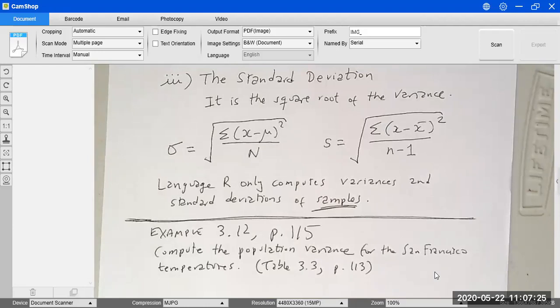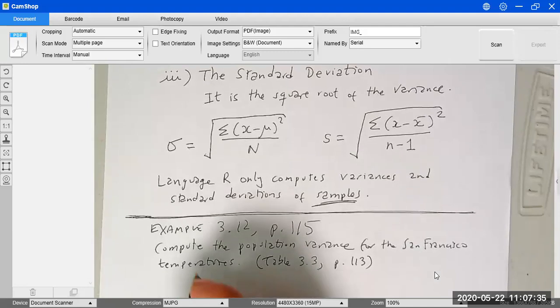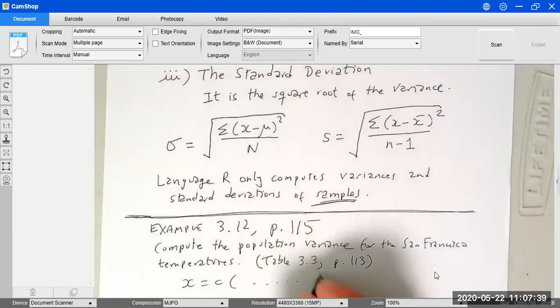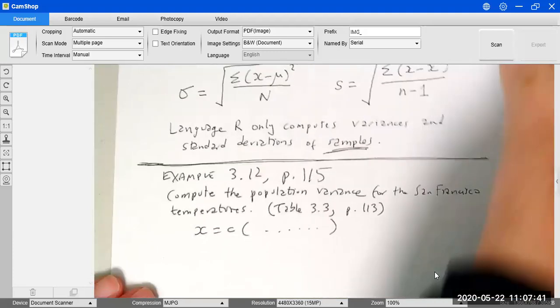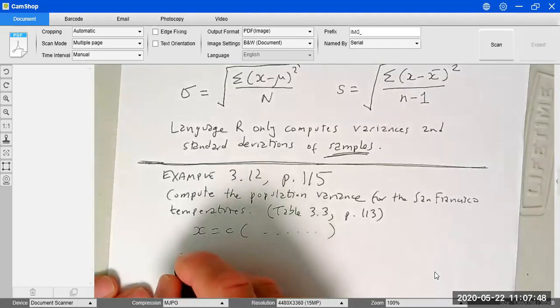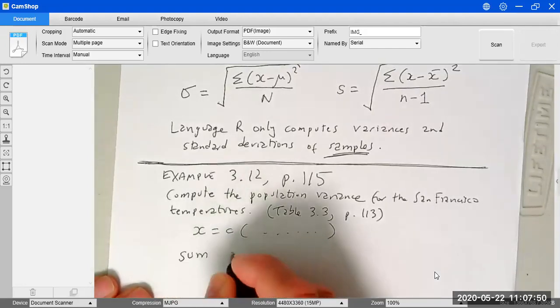We already have the information in R, so we have our values. We're going to use a formula in R. You enter x, the temperature, whatever value you're looking for, then you get the sum of the differences.